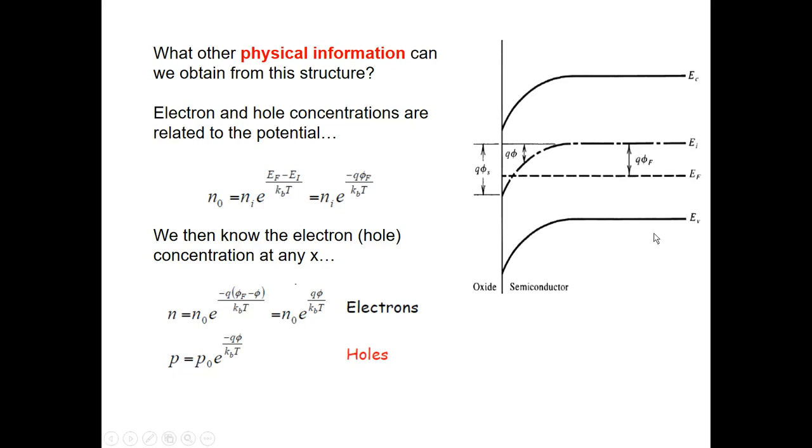So remember, the threshold voltage for an ideal MOS capacitor is defined as the voltage required to form strong inversion. That means the voltage required to make Ei bend below EF by Q phi f. That is the strong inversion, and that voltage is called the threshold voltage.